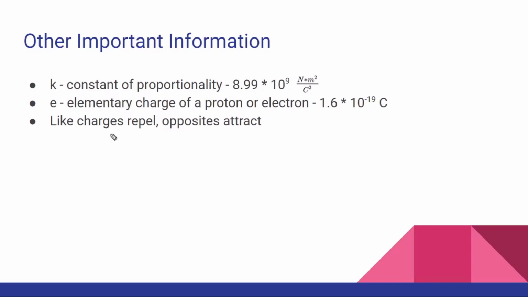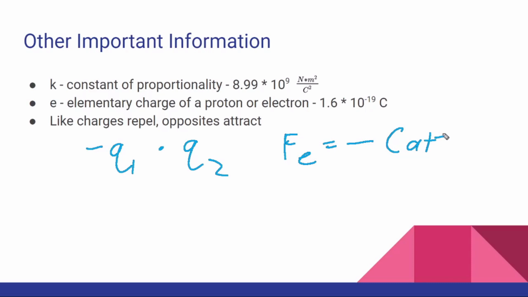By knowing this, we can determine if the electric force will be a force of attraction or force of repulsion by means of the differences between charge 1 and charge 2 and what product they make. For example, if charge 1 is negative and charge 2 is positive, then the resulting electric force will be negative, which results in being a force of attraction.